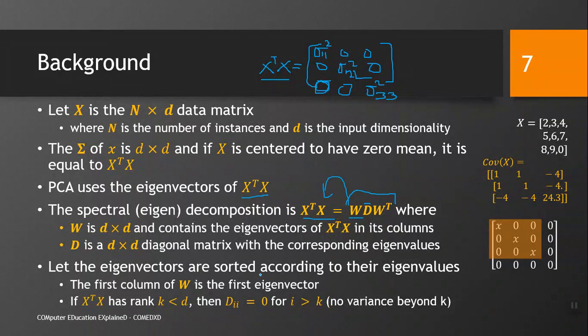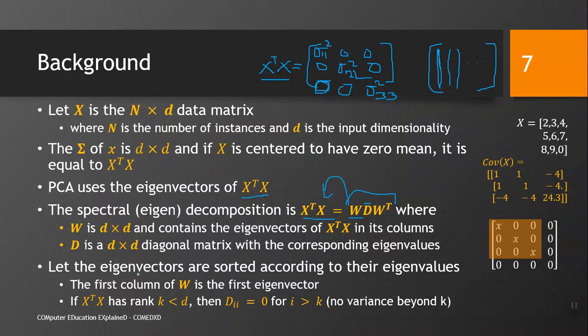Let the eigenvectors be sorted according to their eigenvalues. If we have sorted the eigenvector matrix according to their eigenvalues in descending order, the first column corresponds to the highest eigenvalue, the second column corresponds to the second highest eigenvalue, the third column corresponds to the third highest eigenvalue, and so on.